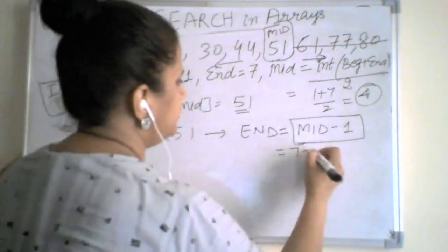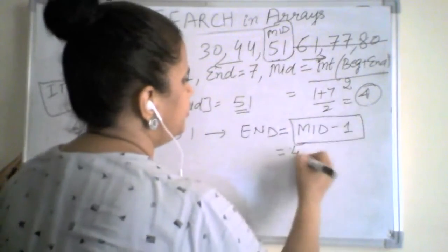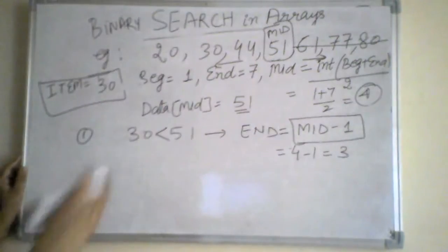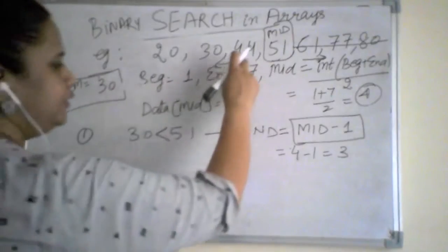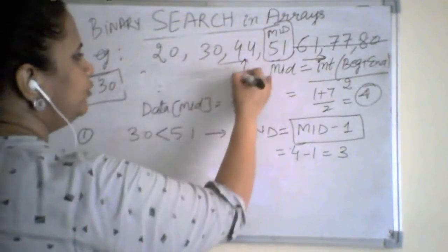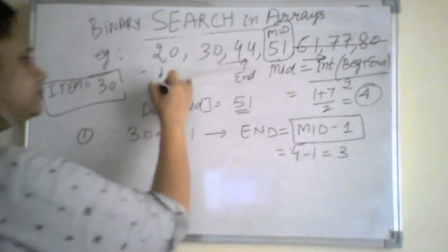Now it is mid minus 1, which is 4 minus 1. That will become 3. So in the left portion of my data, this is my new end now, 44. This is my end, and the beginning remains the same.